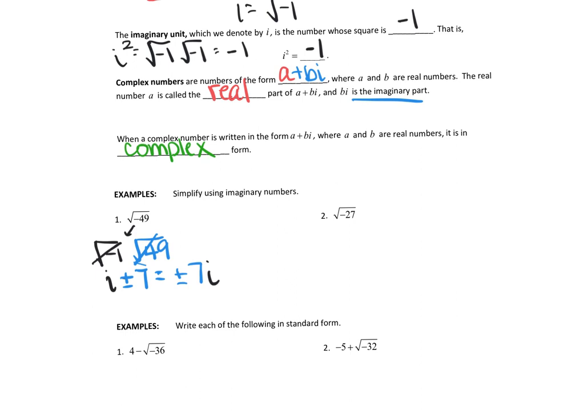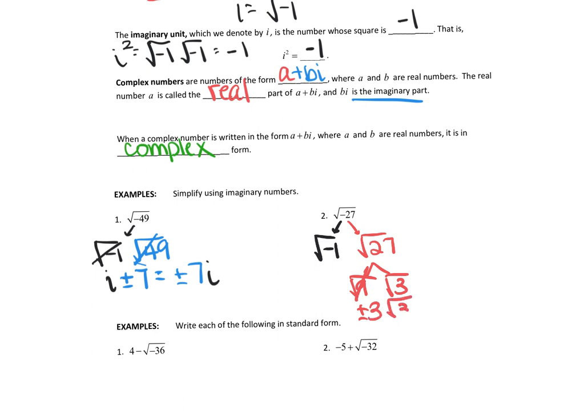Same thing with something like this. Square root of -27, well, you can't take the square root of a negative number, so we always factor out the square root of -1 first, and that's just i, times the square root of 27. Well, the square root of 27 can be written as the square root of 9, which is a square, times the square root of 3. The square root of 9 is just plus or minus 3.